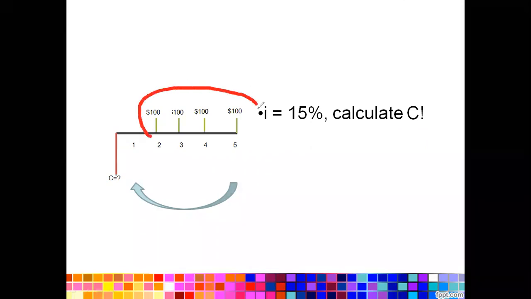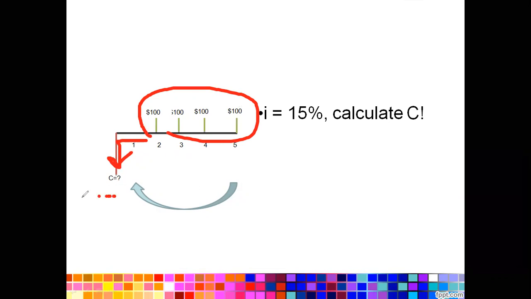We want to convert it into present conditions. So this regular cash flow is equal to a single payment, C, and we can consider this regular cash flow as a single payment.